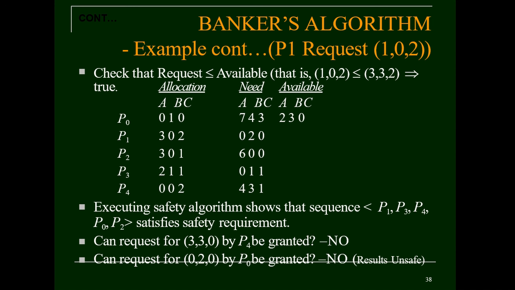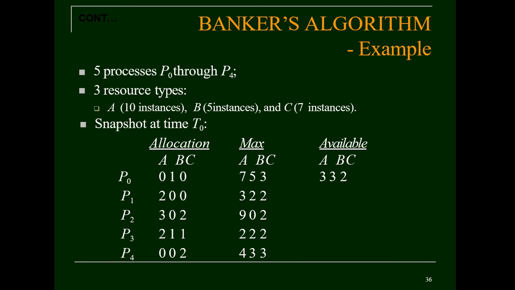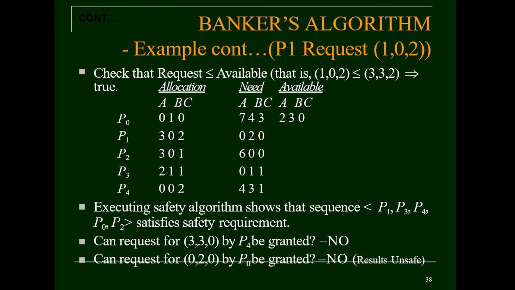So first of all, check this example. In the previous example, we can see P1 has allocation 200. Now P1 requests 1, 0 and 2. First of all, it will check whether the request is less than or equal to available or not.